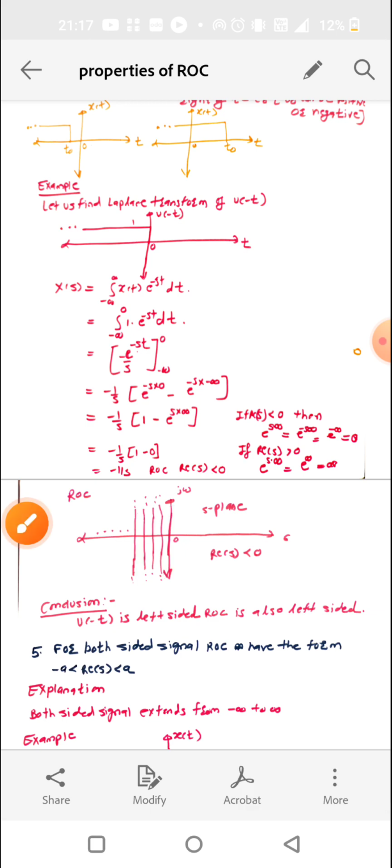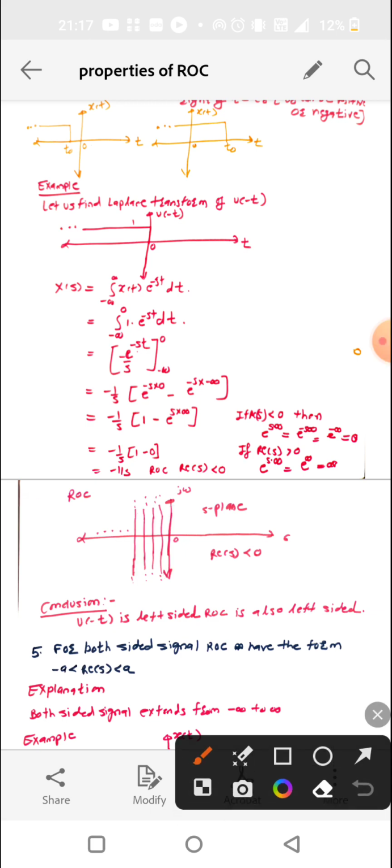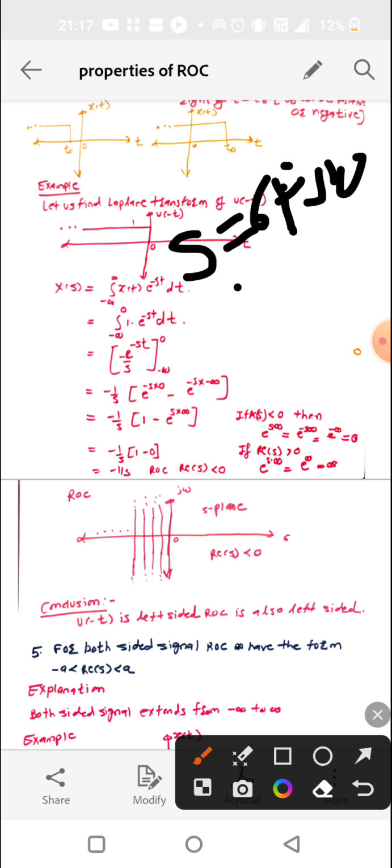So ROC is also left sided. One simple point I am going to tell you here: if s equal to sigma plus j omega, then you will get a point.